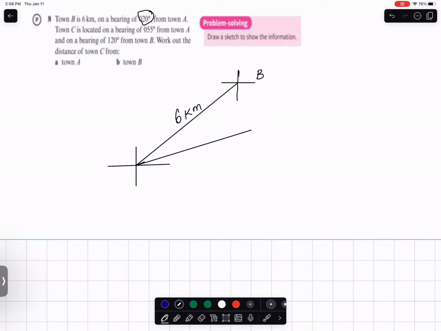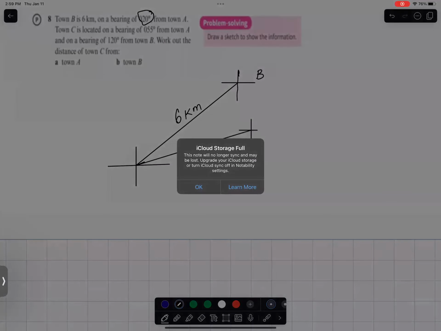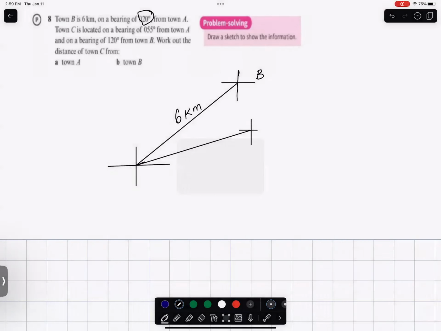So we are asked to work out the distance of town C from town A. So this is my town C. So I'm looking at the distance from this.